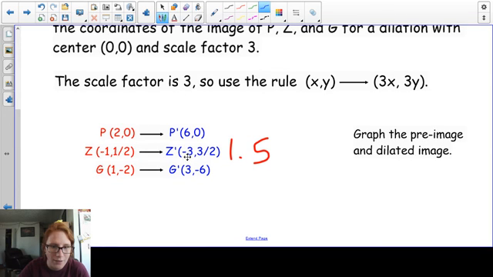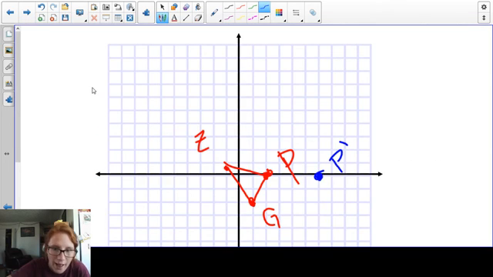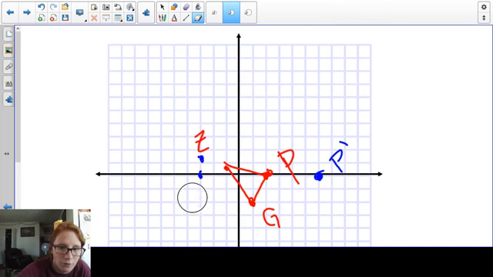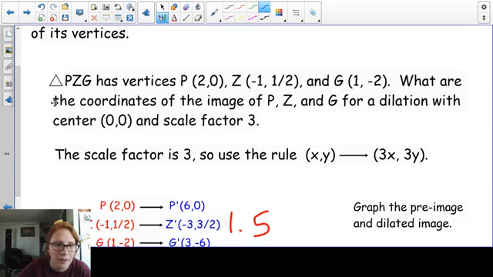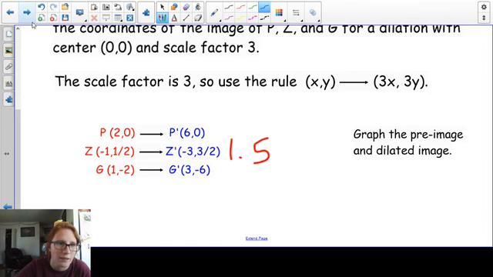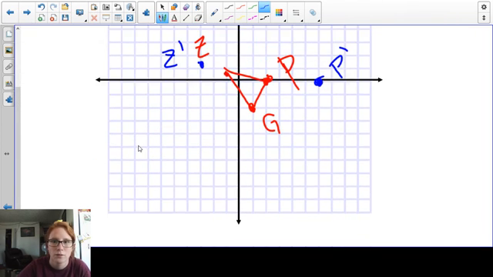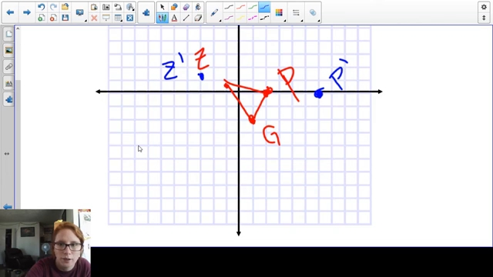Z is at -3, 1.5. So 1, 2, 3, 1.5. Oops, I didn't want that first dot there. So that is Z prime. Then G is at 3, -6. So I do 3, -6.